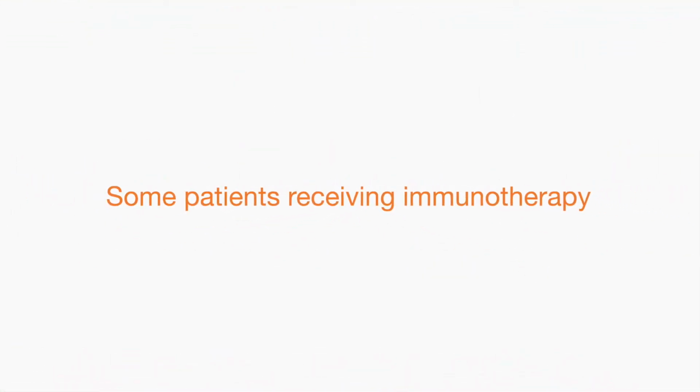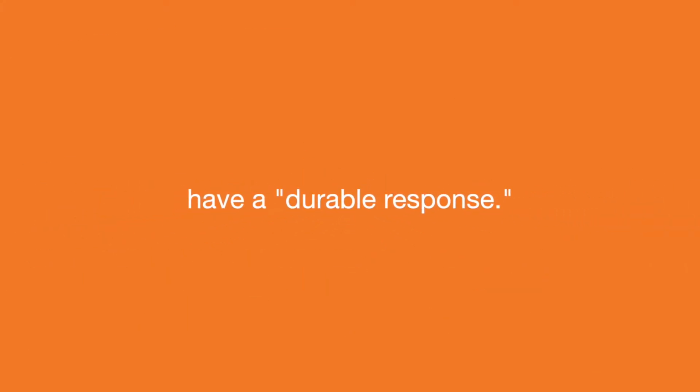Some of that data was published in the journal Science in 2017. And so the other amazing thing about folks that could benefit from this kind of treatment approach is that some folks that go on immunotherapy have a durable response, meaning that that's just another code word for potential cure.